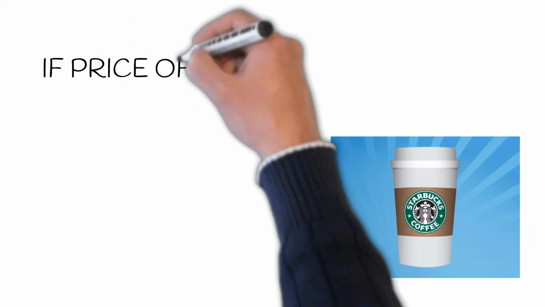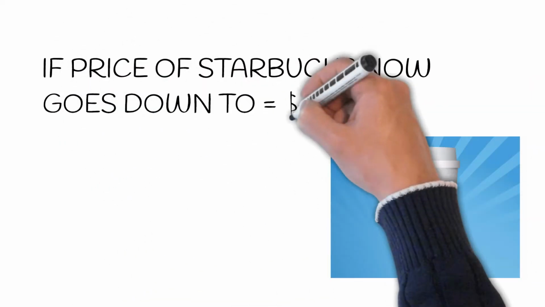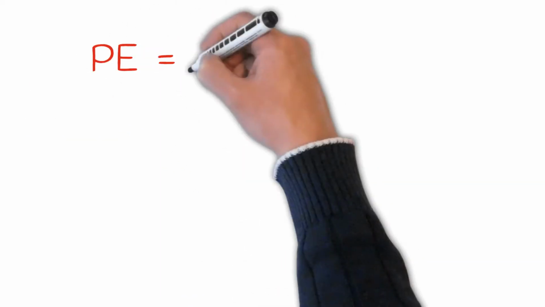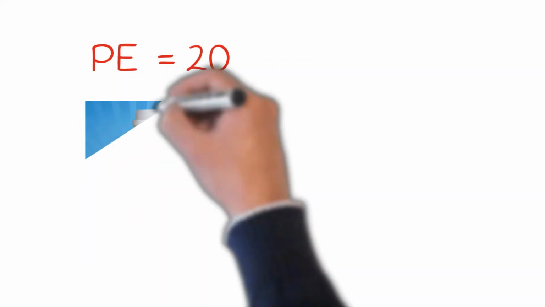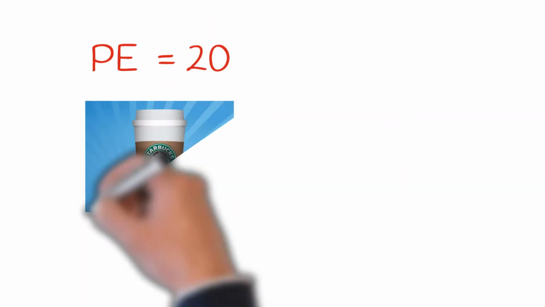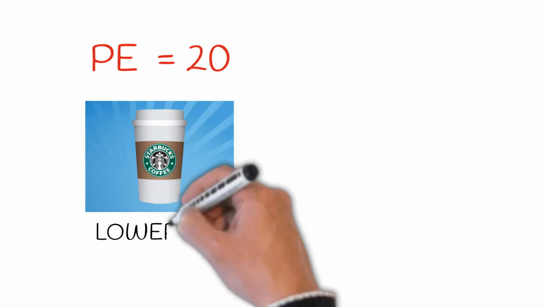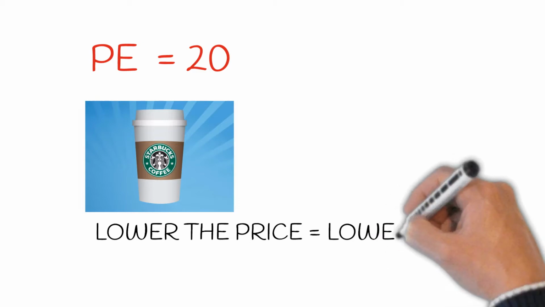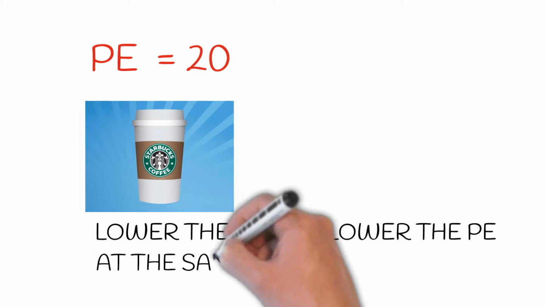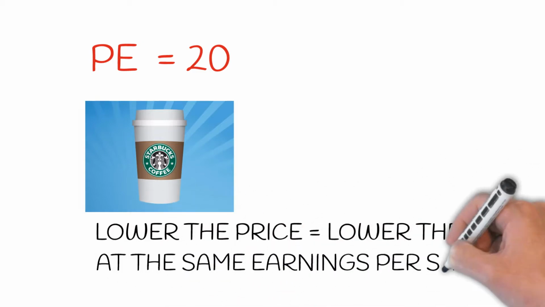For instance, if the price of Starbucks goes down from $72 to $60, the PE ratio will now be 20. So the lower the price against its earnings per share, the lower the PE will be, provided the earnings per share remain the same.